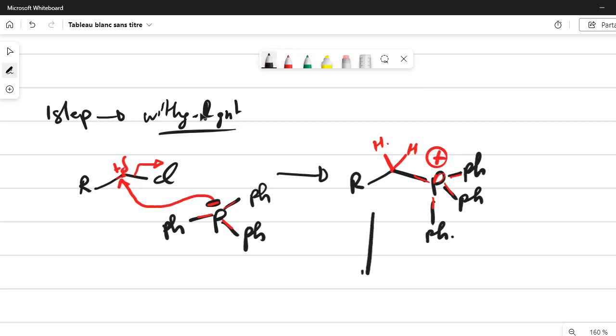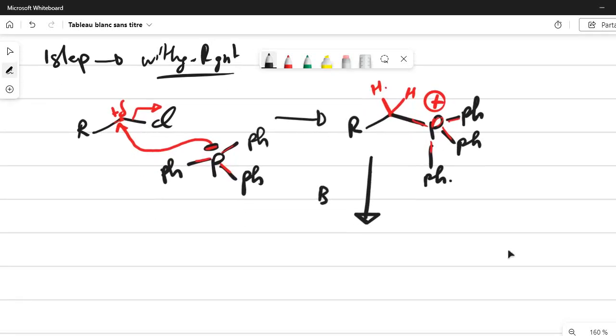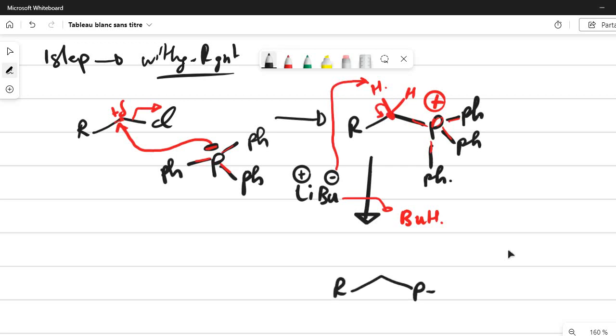Remember that we are going to use a base, for example, this one, BuLi. All the time, remember that it acts as a base, so it's going to grab the hydrogen, and then we add a negative charge on the carbon. So we are going to form this molecule. This molecule has a negative charge.